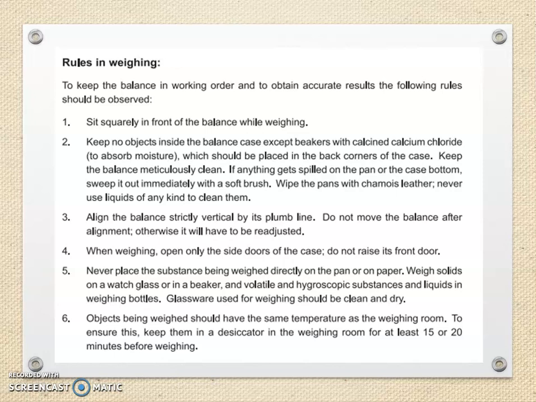Weigh solids on a watch glass or in a beaker, and volatile and hygroscopic substances and liquids in a weighing bottle. Glassware used for weighing should be clean and dry. Next rule, the object being weighed should have the same temperature as that of the weighing room. To ensure this, keep them in a desiccator in the weighing room at least 15 to 20 minutes before the weighing.